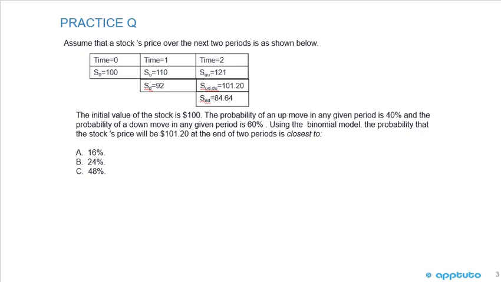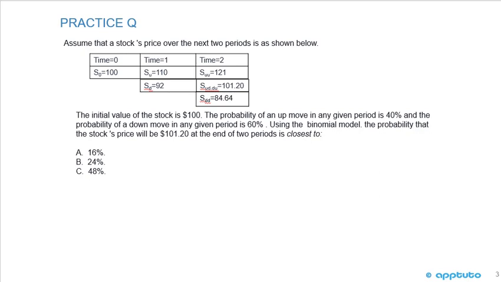The stock price could be up again, so it's at 121, or it can be up and then down, so it's at 101.2, or the stock price could have gone down in time 1 and then back up, so we get to 101.2 again, or it could go down, and we're at 84.64, okay? So the initial value of the stock is $100.